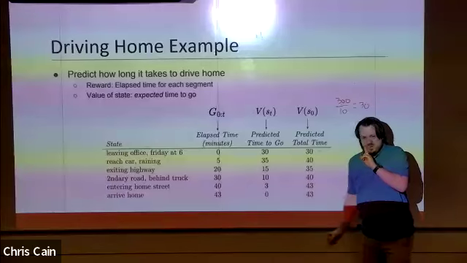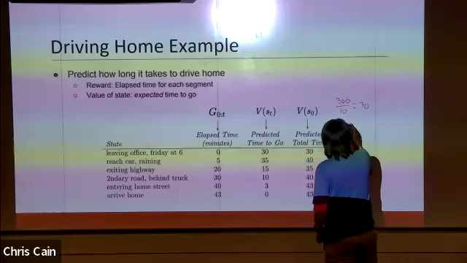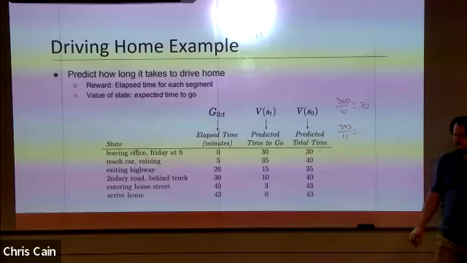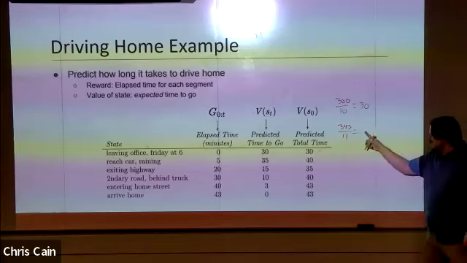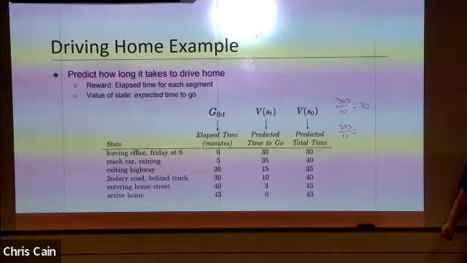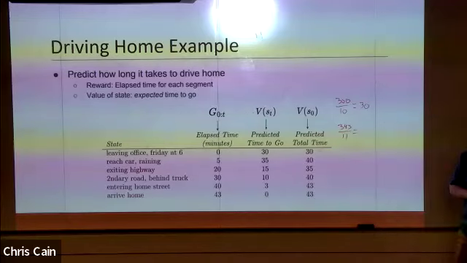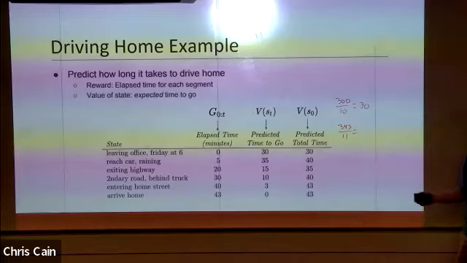But now you do it one more time, we add 43 minutes, so we have 343 minutes over 11 now, giving you an estimate that's more than 30. So you would update that estimate based on this one additional sample at the end. That's the Monte Carlo approach. Temporal difference updates on the fly. Questions on that example or how temporal difference differs from Monte Carlo?